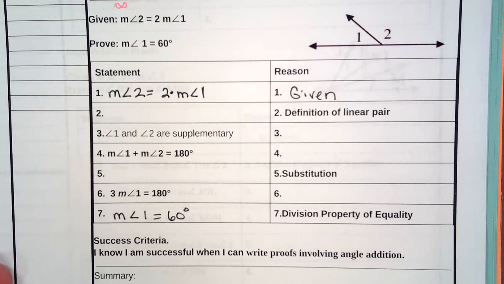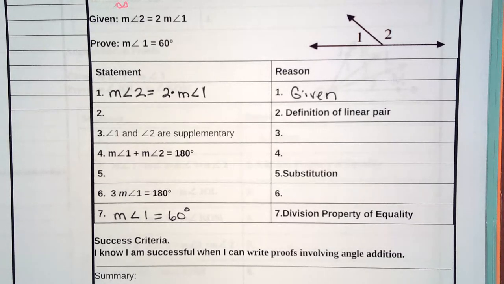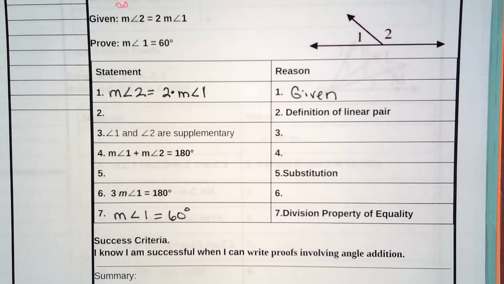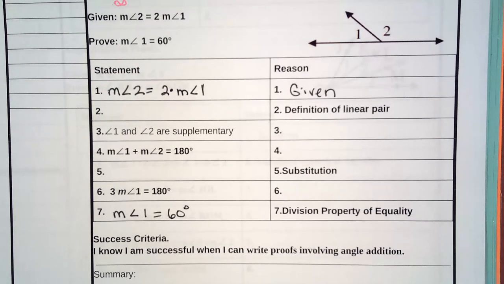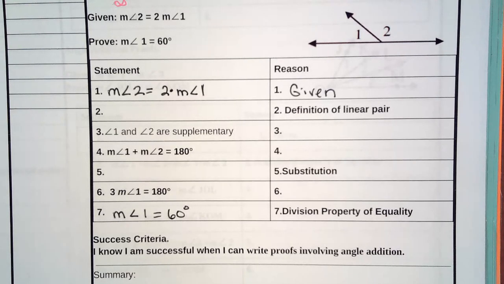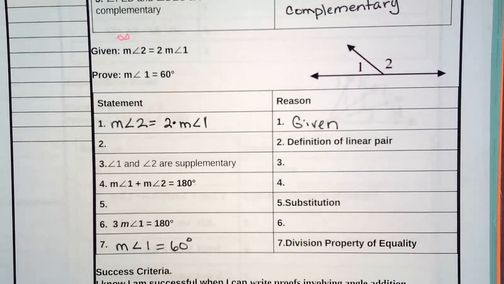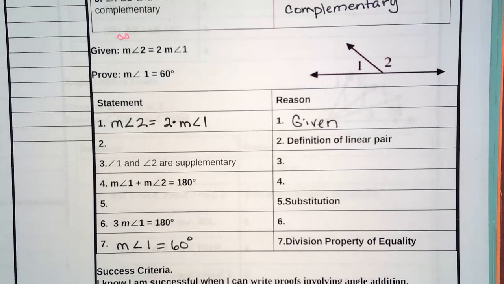What does linear pair mean? Well, that they form a line. So if they form a line, what comes next? If they make a line, which two angles do make the line?